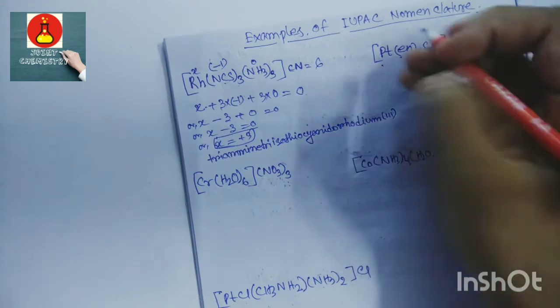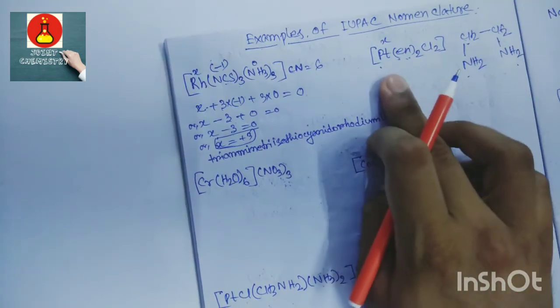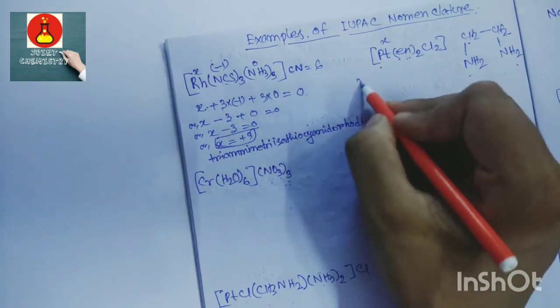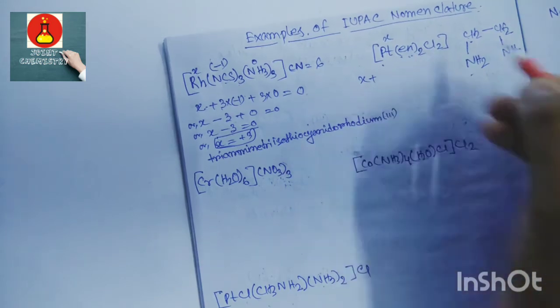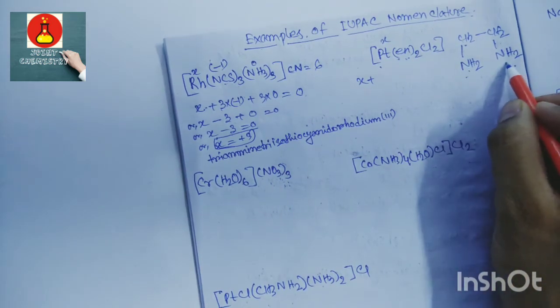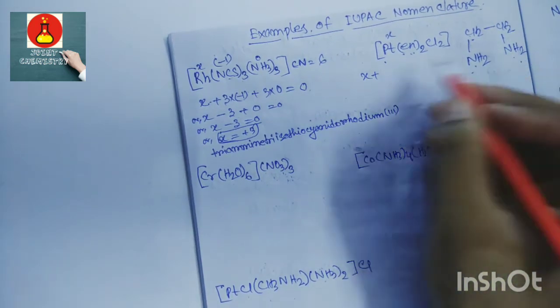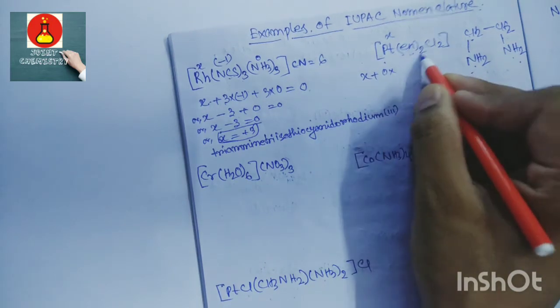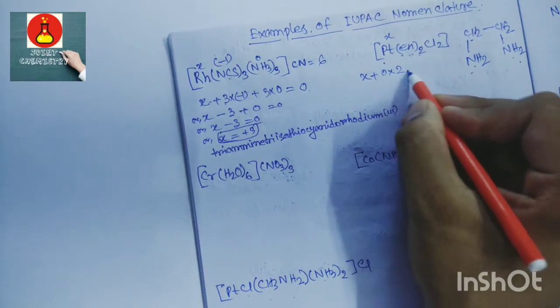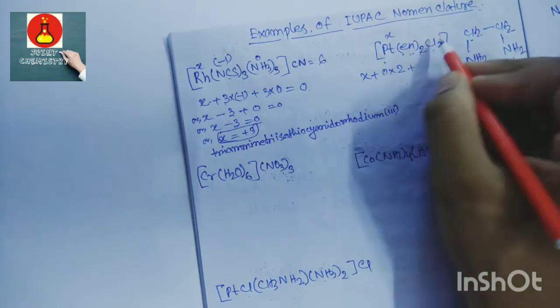If we calculate the metal charge of this one, X plus ethylene diamine is a neutral ligand, so there will be no charge, so 0 into 2, since there are 2 ethylene diamine, plus there is Cl.